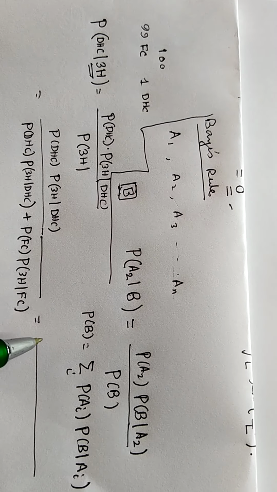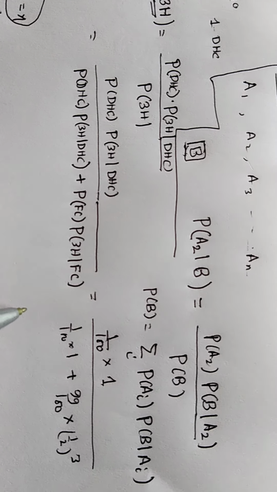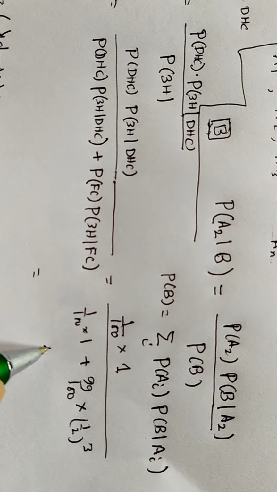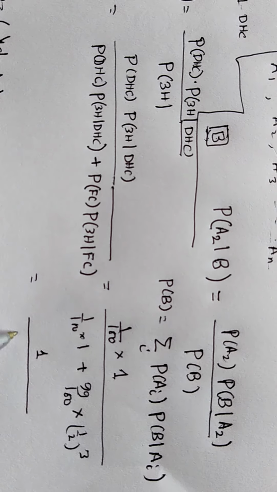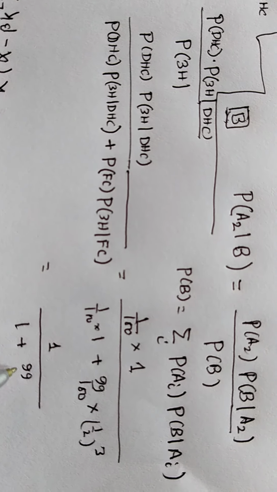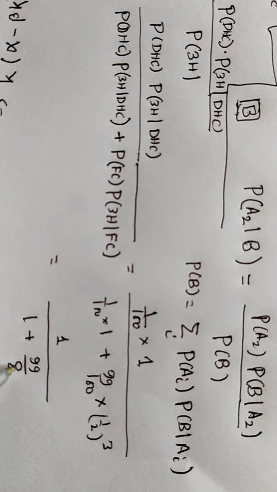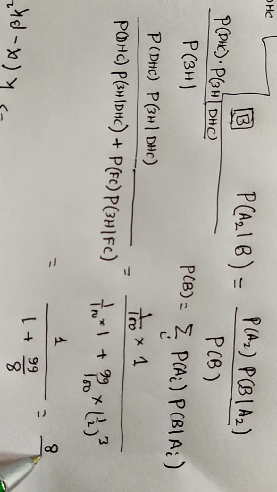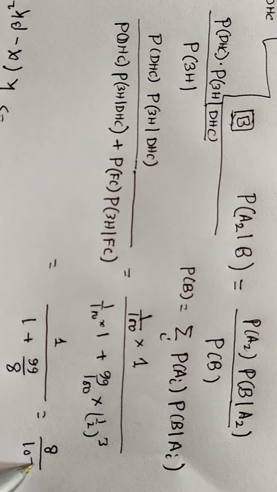And then what is the probability that a fair coin will give you head thrice? Then it should be 1 by 2 to the power 3, right? And therefore, if you take 1 by 100 common, this is 1 by 100 times 1 plus 99 by 8, which equals 8 by 107.